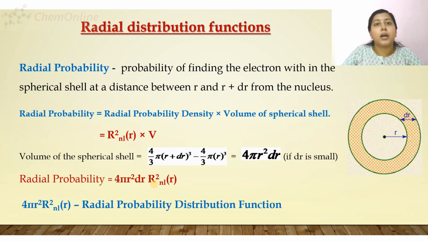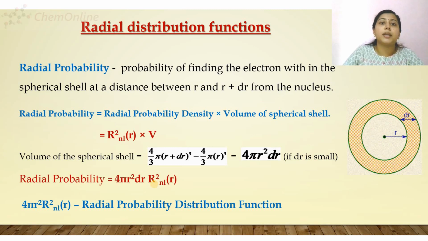We know that the wave function psi has no physical significance, but the square of the wave function, psi squared, represents the probability density, or the probability of finding a particle within a volume element.